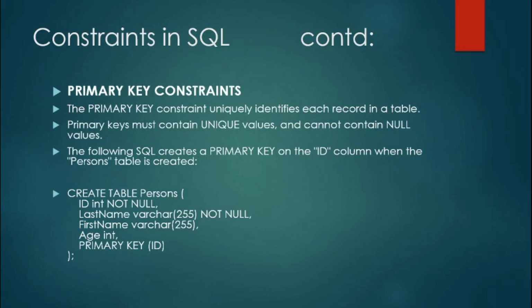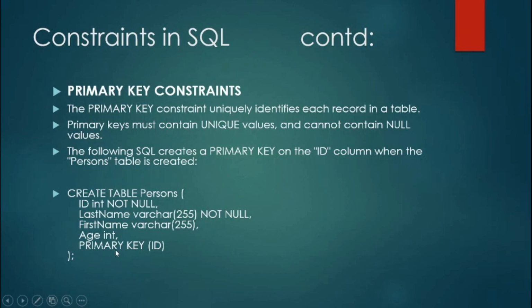Now the third constraint, that is the primary key constraint. The primary key constraint uniquely identifies each row in a table, and as I have already told, primary key contains unique values and cannot contain null values.